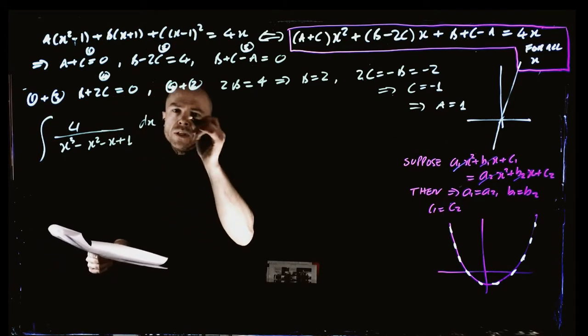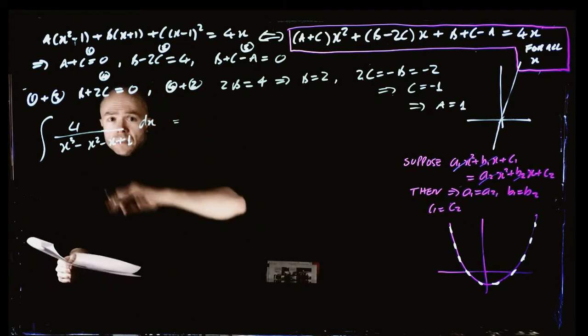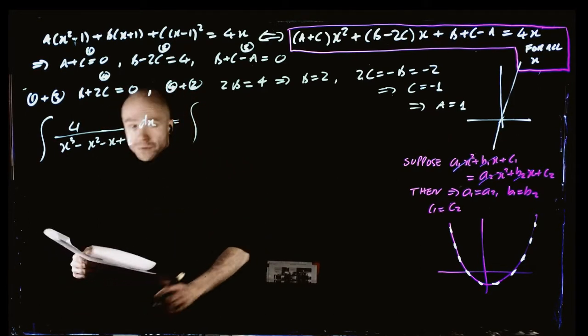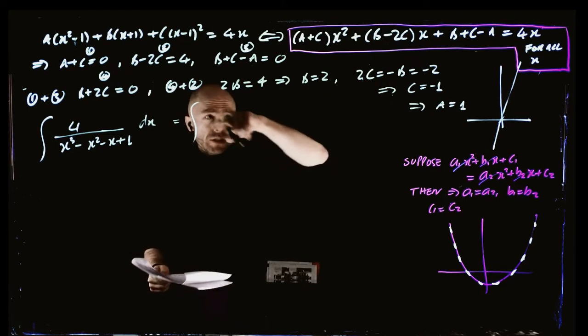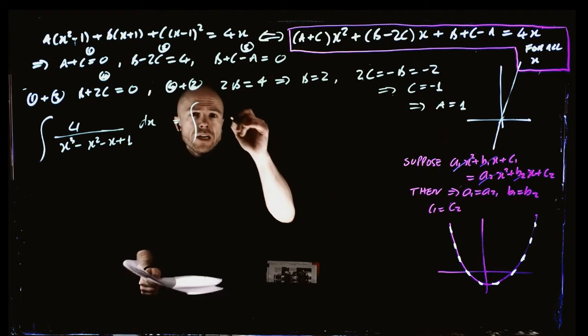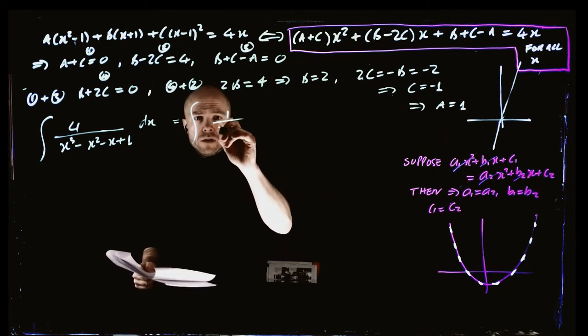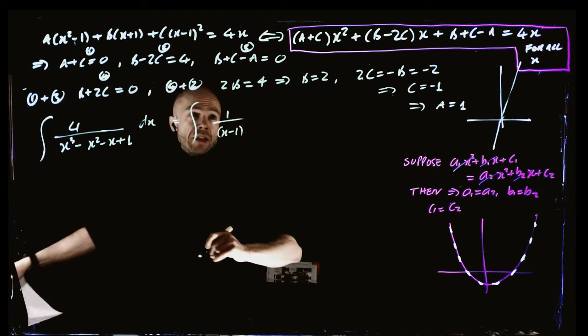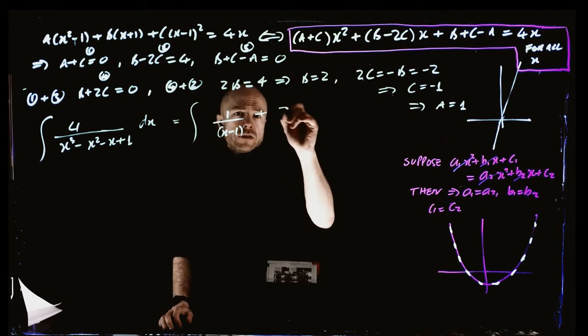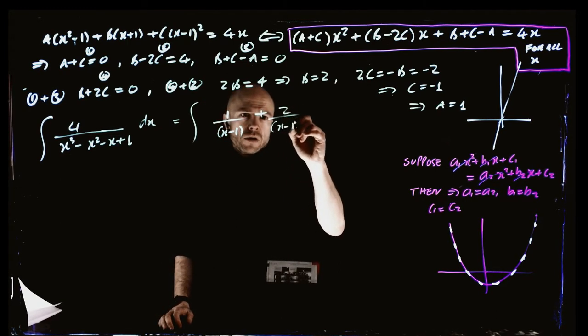All right. And this rational expression here is equal to this thing that we get from these coefficients we've now figured out. So it's 1 over x minus 1. And then the b is 2, so this is 2 over x minus 1 squared.